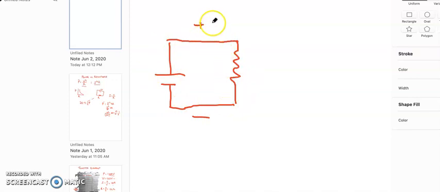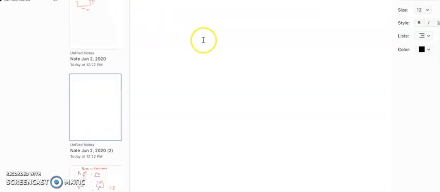So if this is at 6 volts, and we know that the negative side is at 0 volts, there's a 6 volt drop between here and here. Now what happens if we put another resistor? In fact, let's put 2 more resistors.